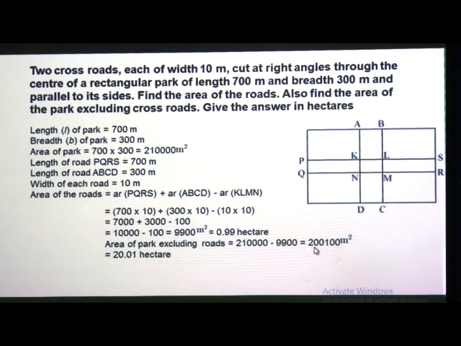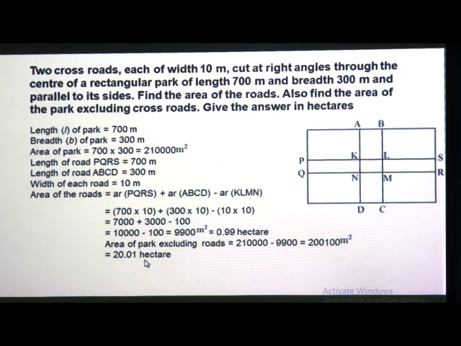When you write 2,00,100 upon 10,000, count the number of zeros and the number of digits in the given number and place the decimal point. So, we get 20.01 hectare.